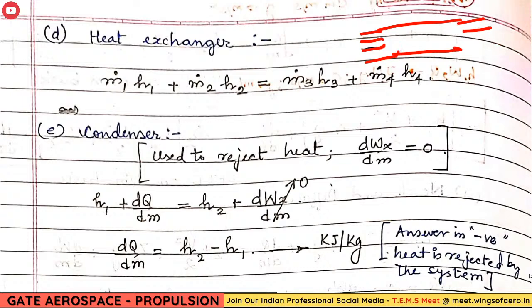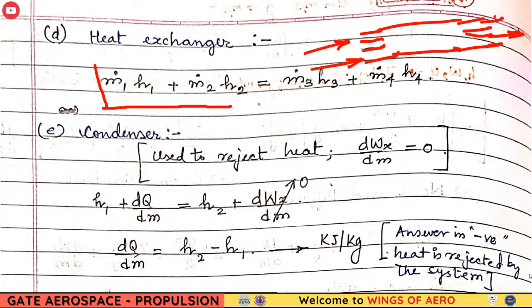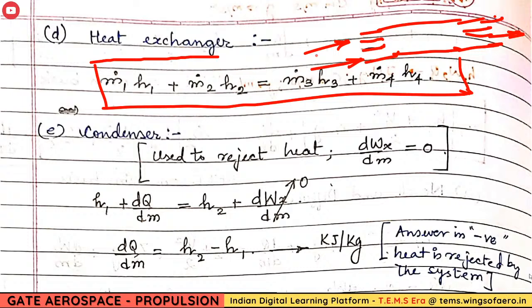When you have multiple inlets in a heat exchanger, your formula will increase accordingly, depending on the number of inlets. The mass flow rate of inlet 1, inlet 2, 3, 4 will vary.